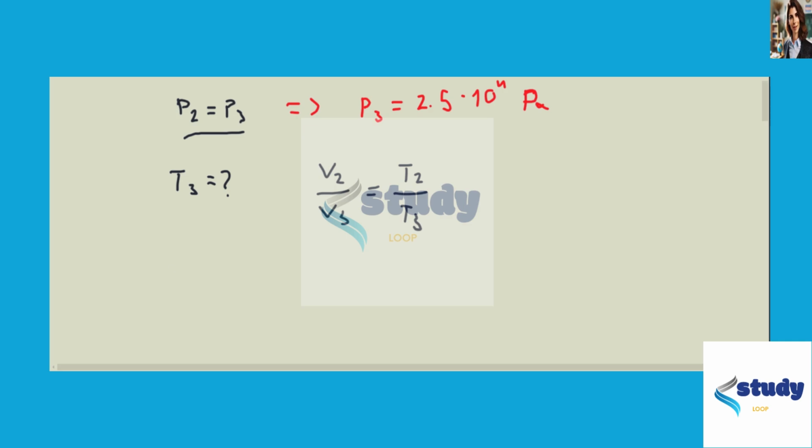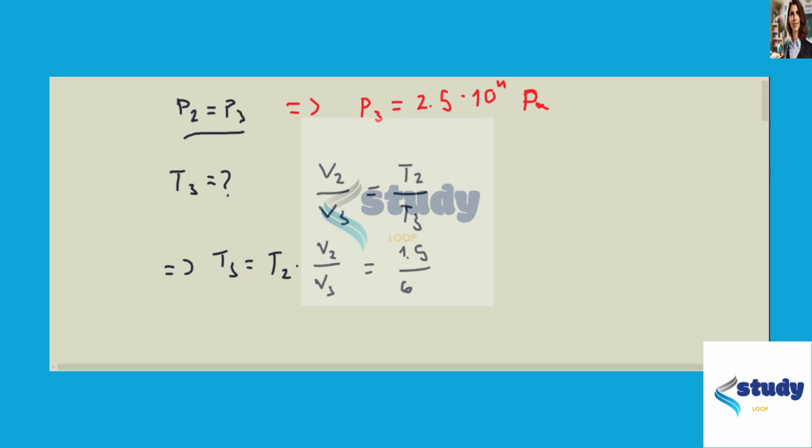And from this relationship, we can say that T3 equals T2 times V2 over V3, which when we substitute the values is 1.5 over 6. So you can see now why we first evaluated the volume V3, because without the volume V3 we couldn't evaluate the temperature T3.